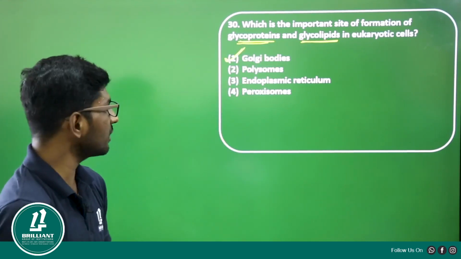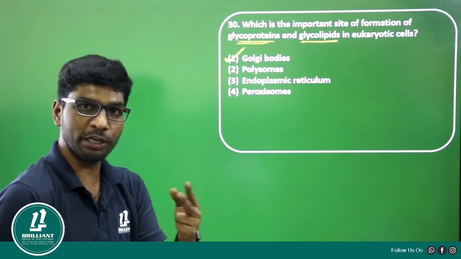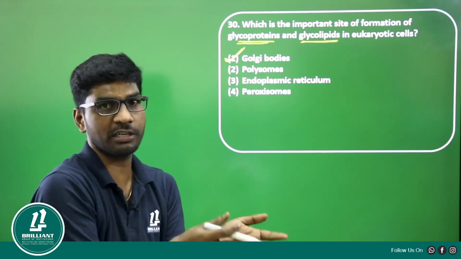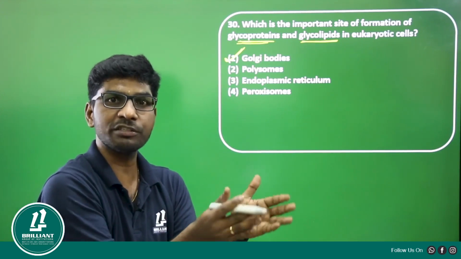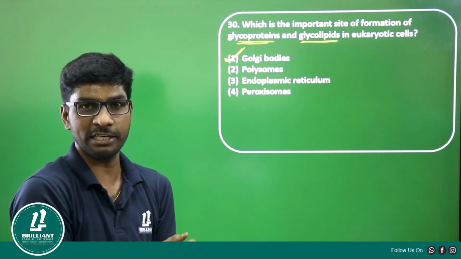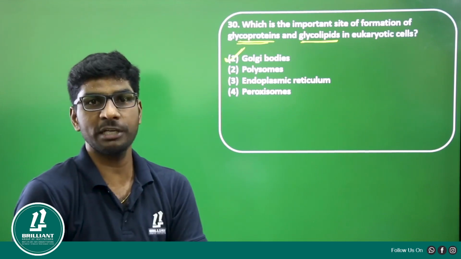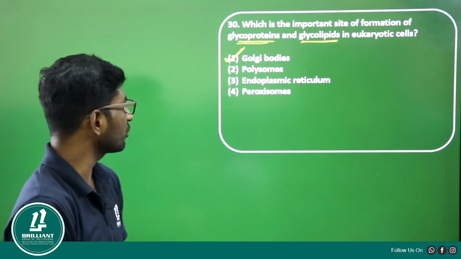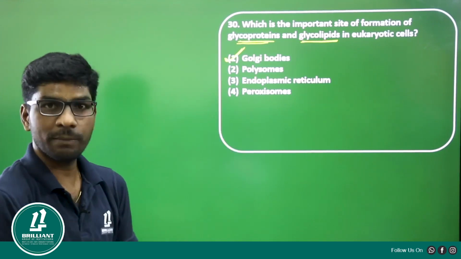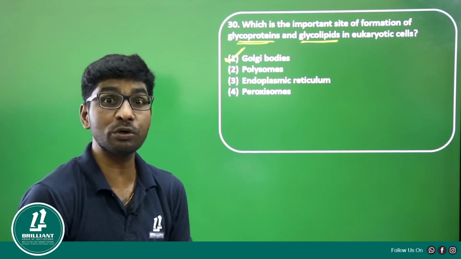Polysomes, protein synthesis. Endoplasmic reticulum, 2 types of endoplasmic reticulum, rough endoplasmic reticulum and smooth endoplasmic reticulum, right? Rough endoplasmic reticulum, major function is in protein synthesis. Smooth endoplasmic reticulum synthesizes steroidal hormones such as estrogen and progesterone. Peroxisomes participate in photorespiration.